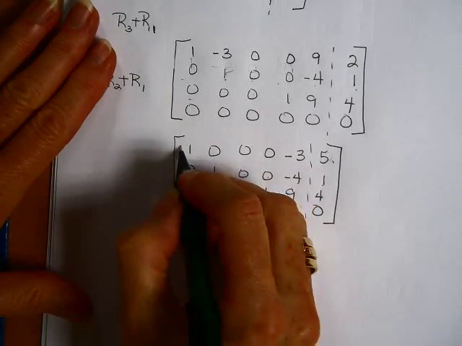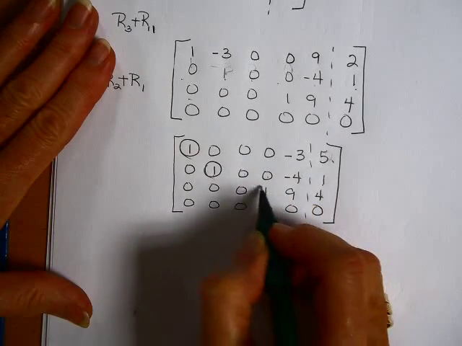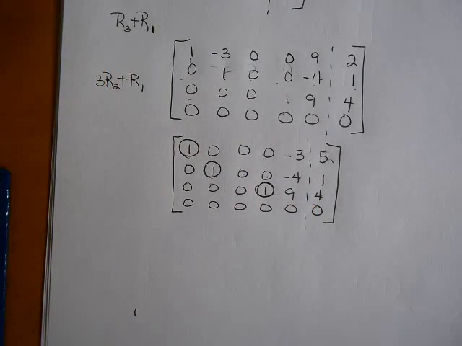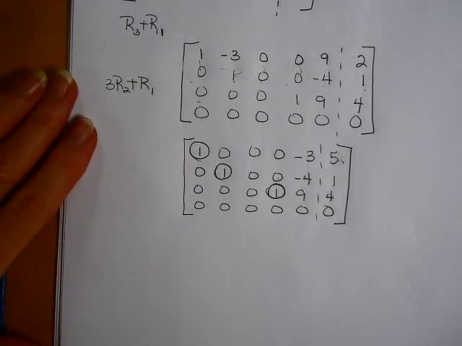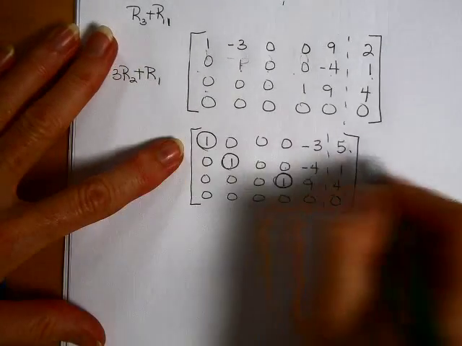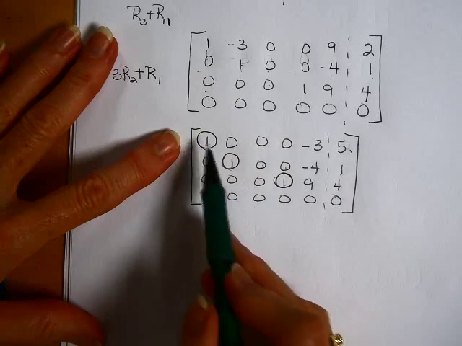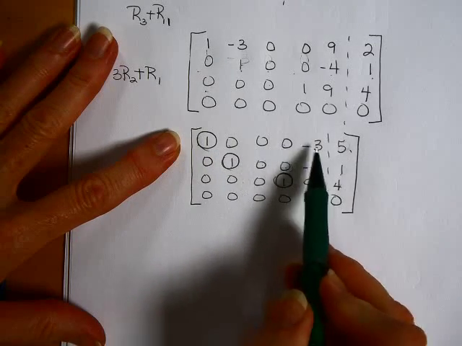All right, your pivots. Here's a pivot, here's a pivot, and here's a pivot. So those represent where my basic variables are. And now I hope y'all checked my math. I think y'all were checking on me, weren't you? Okay, thank you. All right, so this one, there are lots of variables: x1, x2, x3, x4, and x5.